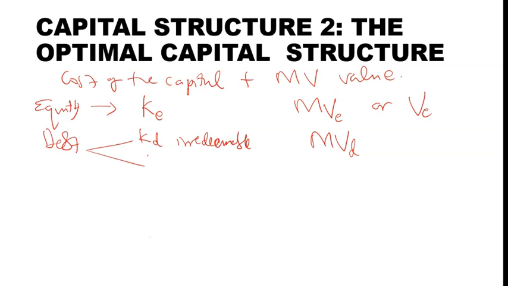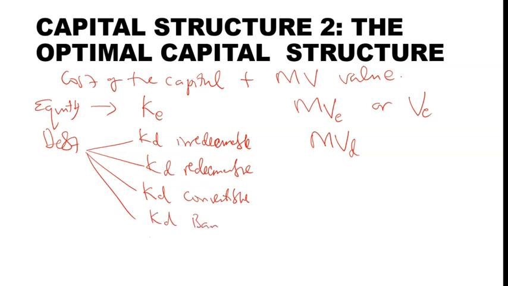So there was KD redeemable and also KD convertible, as well as KD bank loan. Then for preference shares, we calculated the KP as well as the market value of the preference shares. We did this, and we also concluded by calculating the WACC.